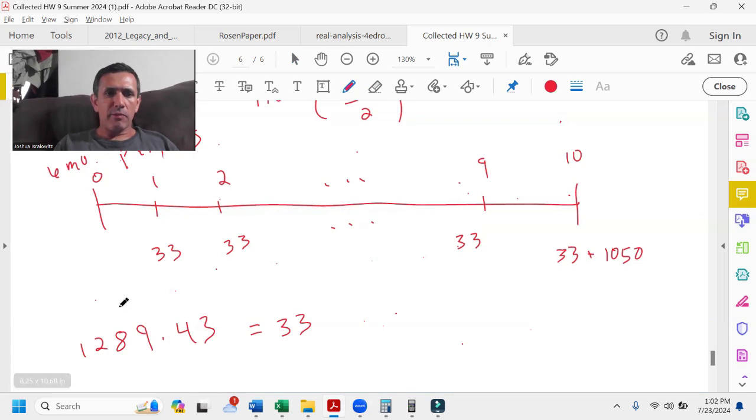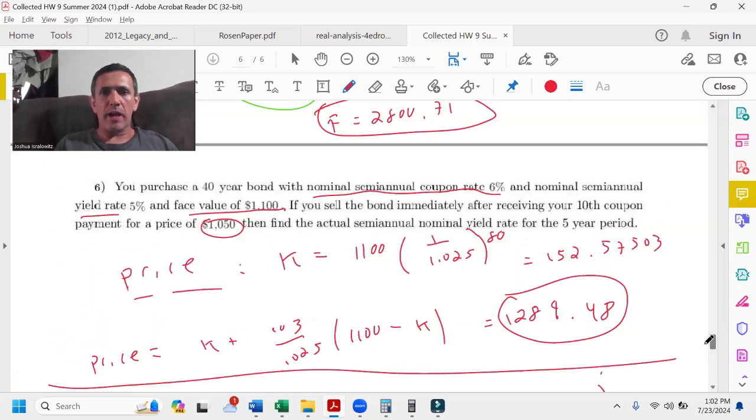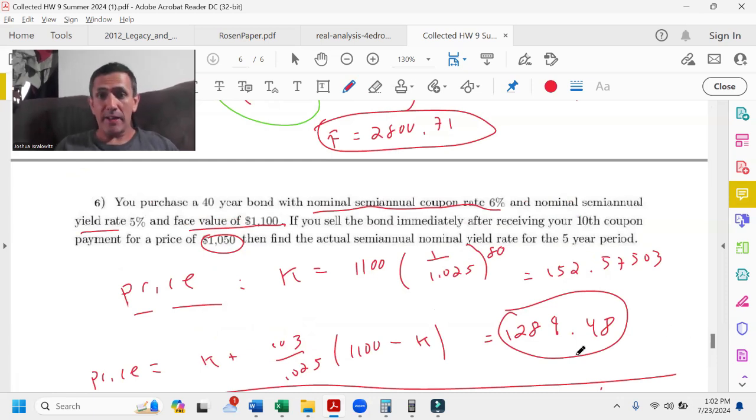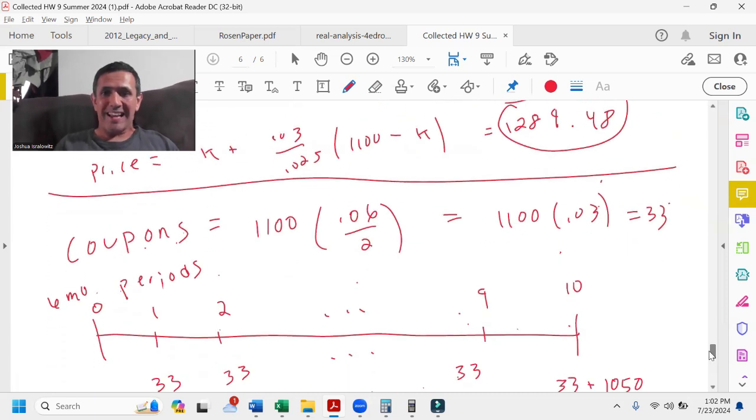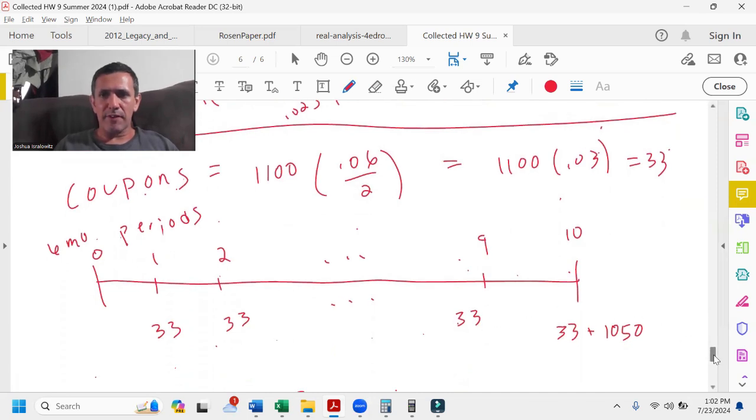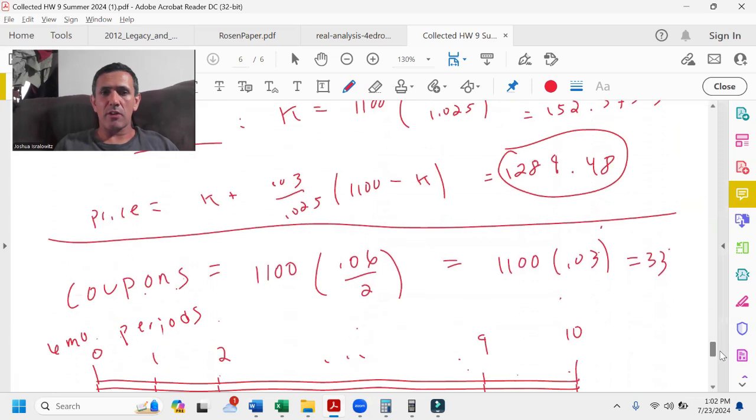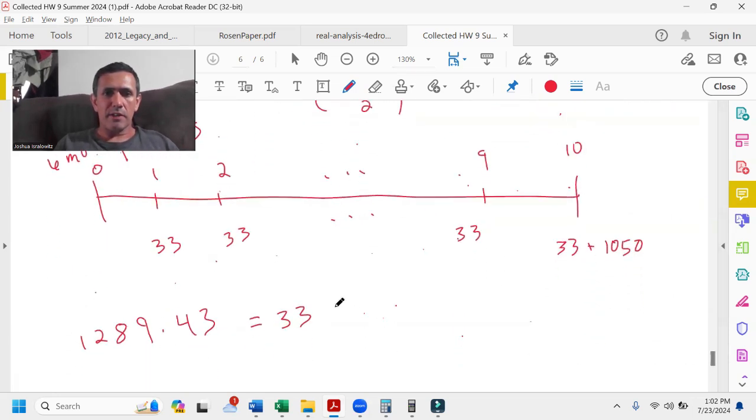The 1289.48 comes from the fact that I am paying 1289.48 for this time diagram. That is literally what I'm paying, because you buy the bond at 1289.48. That gives you these 33 payments and then 1050 at the end, because maybe you just need to sell the bond. You just need the money. Something happened: your roof is leaking and you need money for a new roof. Whatever.